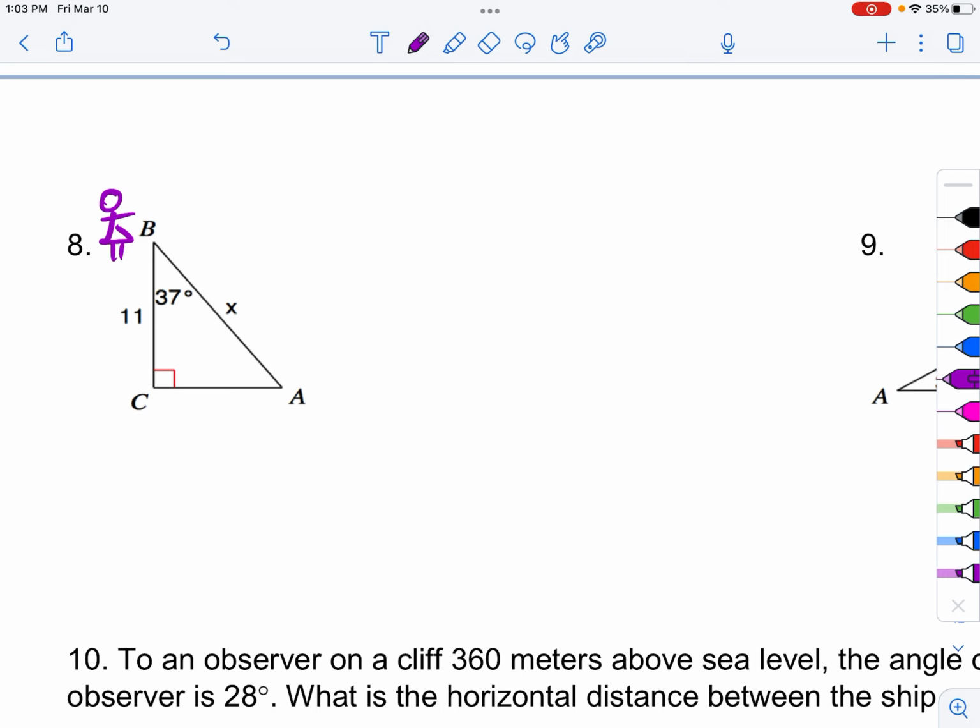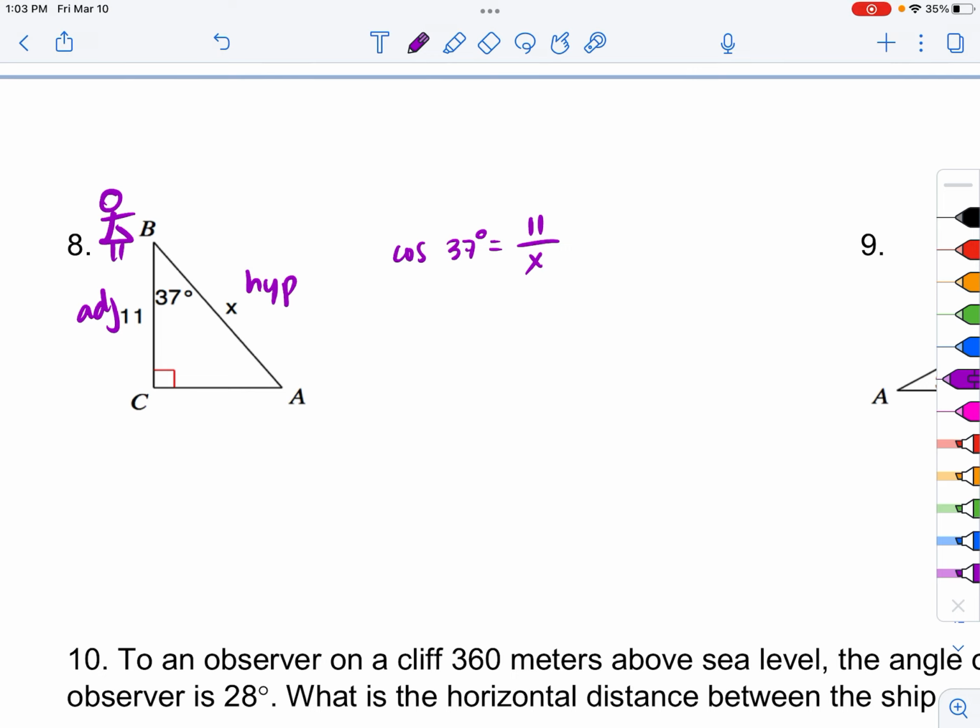We're looking at it from B, so that means our hypotenuse is directly across still. And then from this perspective, we have 11 as our adjacent side because it is next to. Now, which trig function uses adjacent and hypotenuse? That is our cosine. So we say cosine of our angle, 37 degrees, is equal to adjacent over hypotenuse.